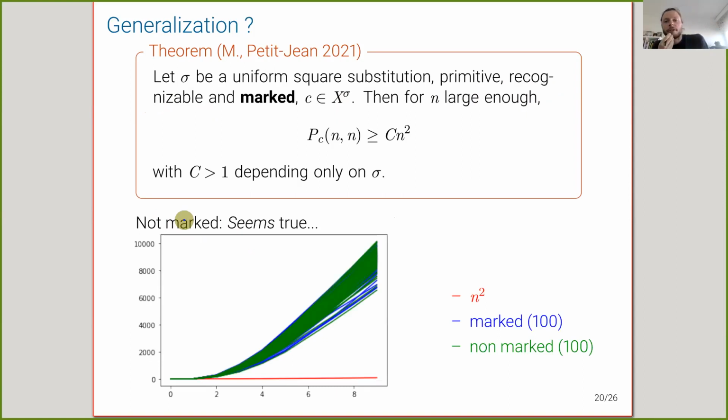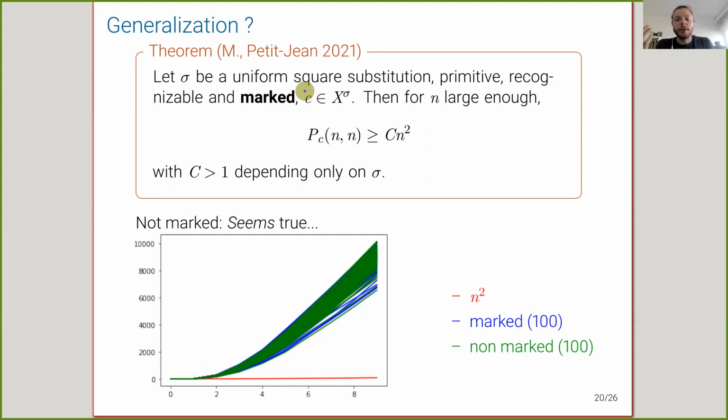Well, the marked hypothesis is more puzzling for me, because we really need it in our proof, but on the other hand, it seems true without it. So first of all, as I mentioned, if you take a binary substitution, we don't need the marked hypothesis, as all non-constant binary substitutions would be marked.